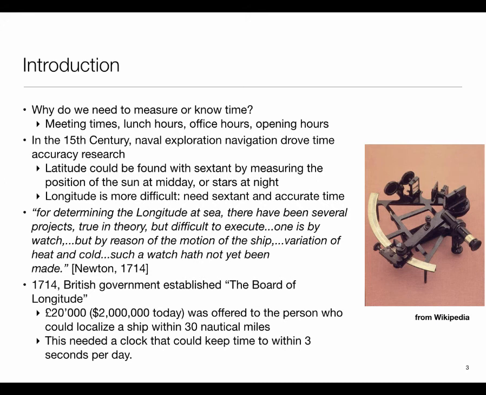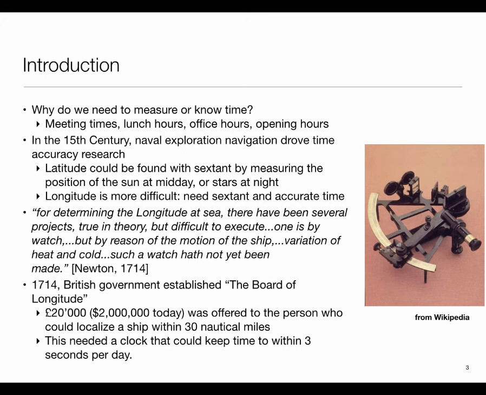Back in the 1700s, there was the equivalent of today's X Prize, which in that case was 20,000 pounds, about $2 million today, offered to a person who could localize a ship within 30 nautical miles. This needed a clock accurate to within 3 seconds every day. This was won not by some sophisticated physicist or academician.